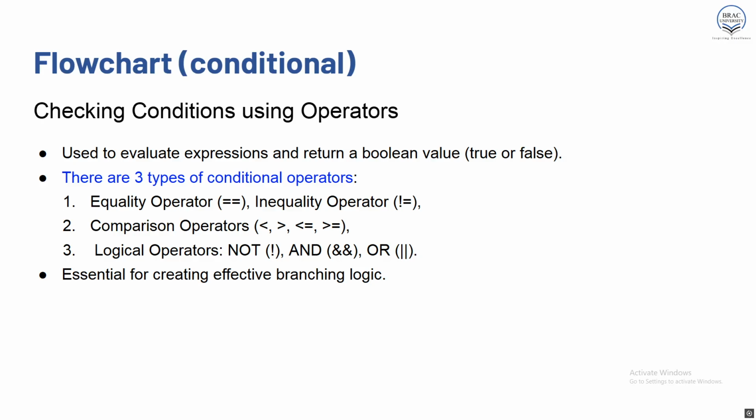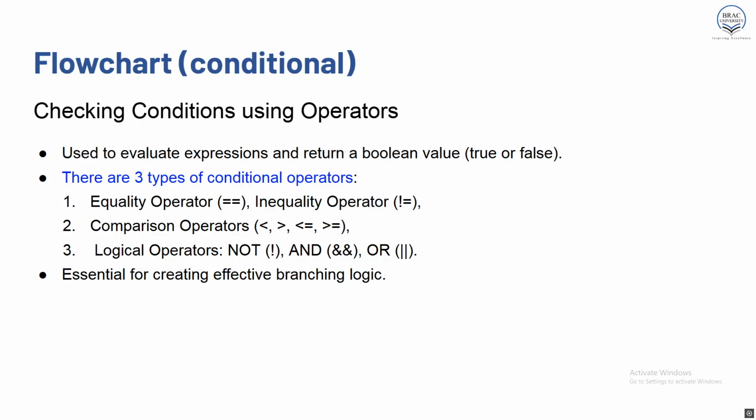Now, let's talk about the conditional operators, which evaluate the expression inside the diamond shape or rhombus shape block and return a Boolean value. Usually, there are three types of conditional operators. First one is the equality operator. As we use a single equals sign for storing a value inside a variable, for checking the equality, we use a double equal sign.